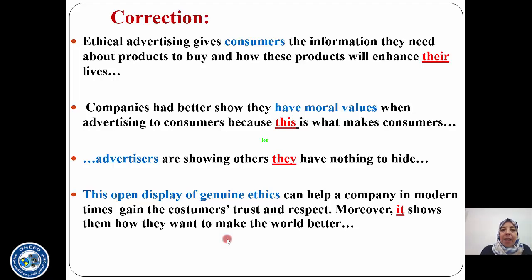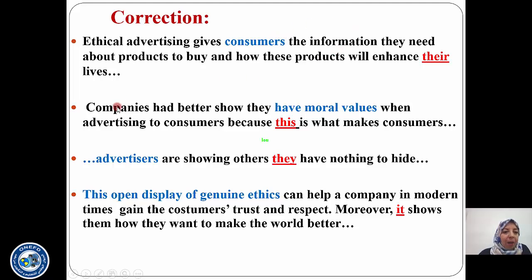Ethical advertising gives consumers the information they need about products to buy and how these products will enhance their lives. So what does it refer to? Their lives, we are talking about the lives of the consumers. Okay, in the same sentence.